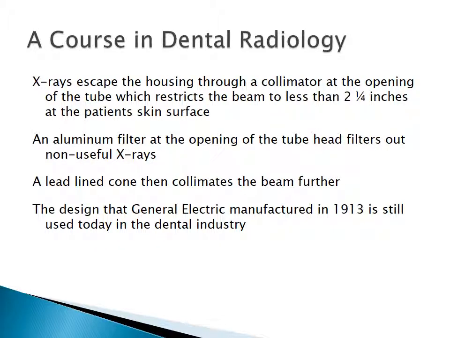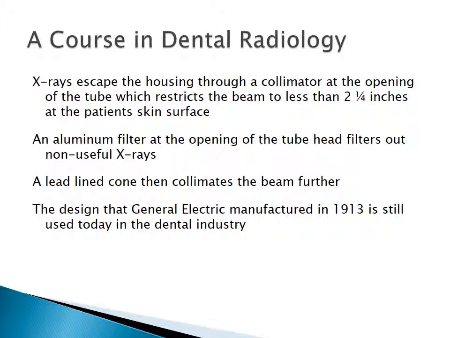So our X-rays are going to come out of our housing through a small opening called a collimator, which is going to restrict our beam down to less than 2¼ inches at the patient's skin surface. We're also going to use an aluminum filter at the opening of our tube head that's going to filter out any of the X-rays that are of no diagnostic value to us.